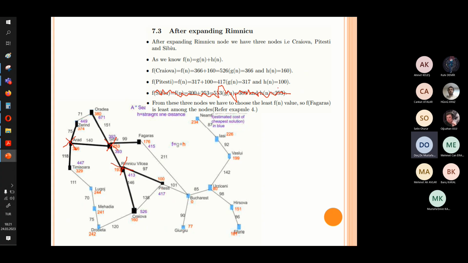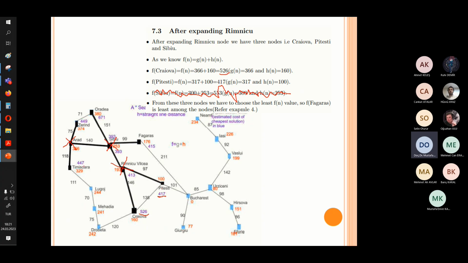And after using the current distances and the heuristic values, reaching Bucharest through Pitesti will be 417 from here, and 526 from Craiova. It has been calculated here.